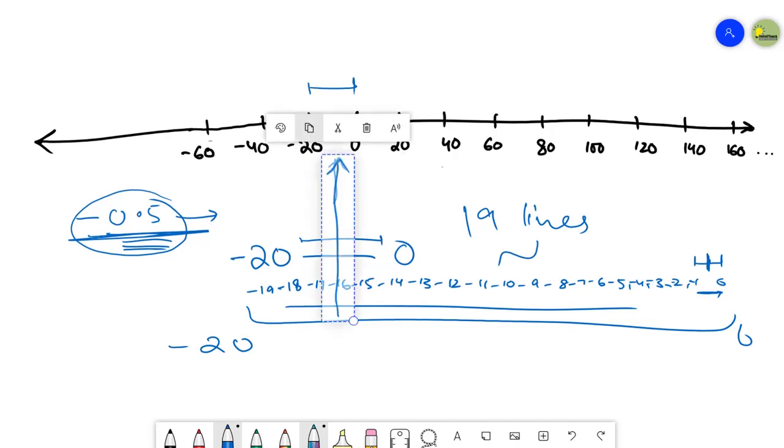Can you imagine? 19 lines must be drawn between minus 20 and 0, and the last line would represent minus 1. And minus 0.5 is going to be in between minus 1 and 0. So minus 0.5 is very, very close to 0, right?